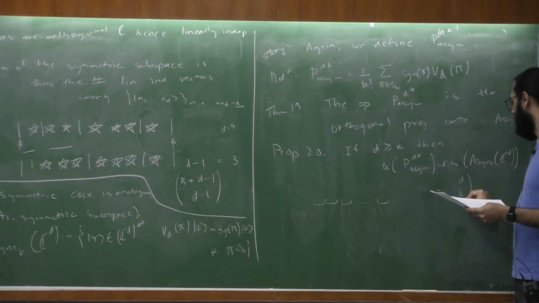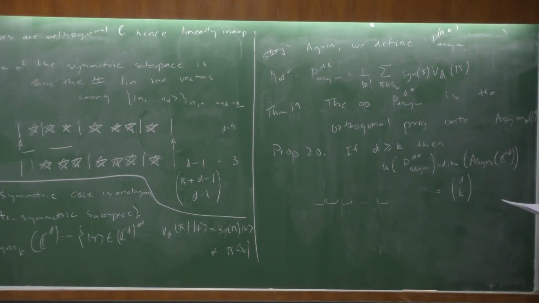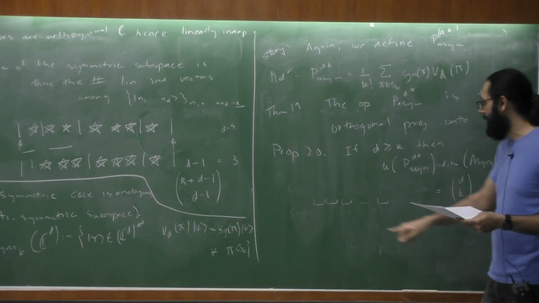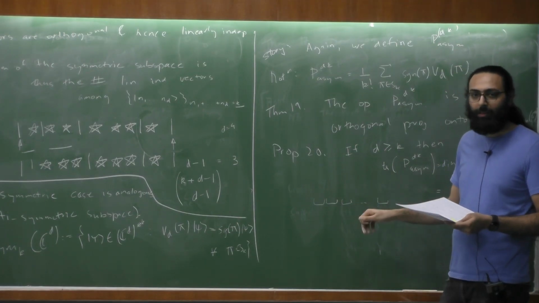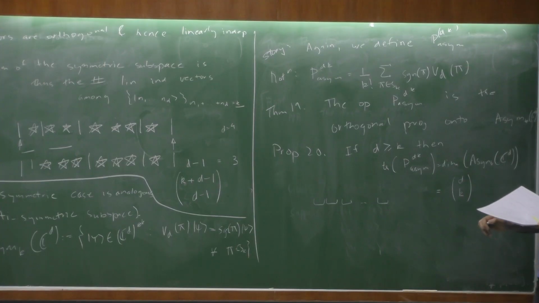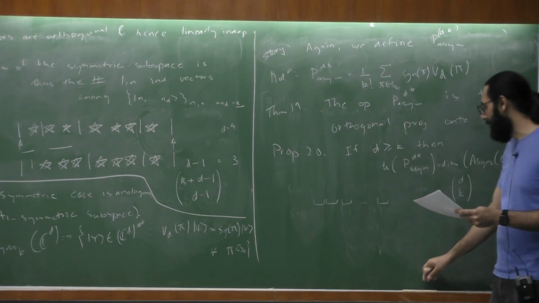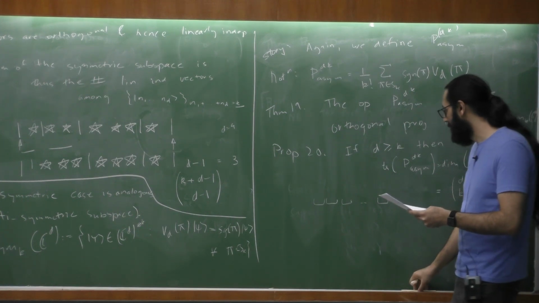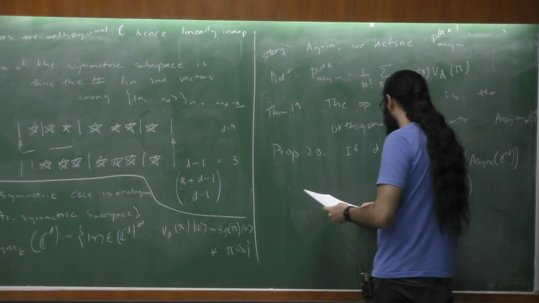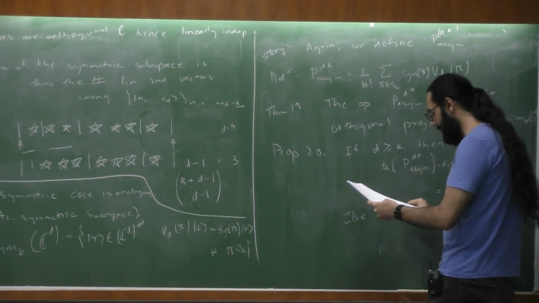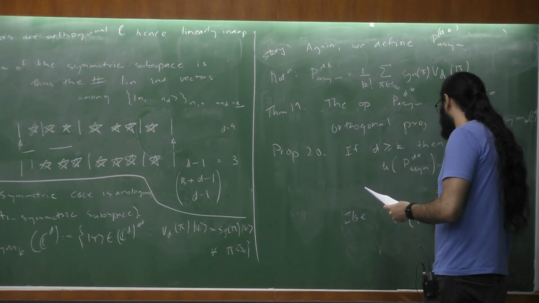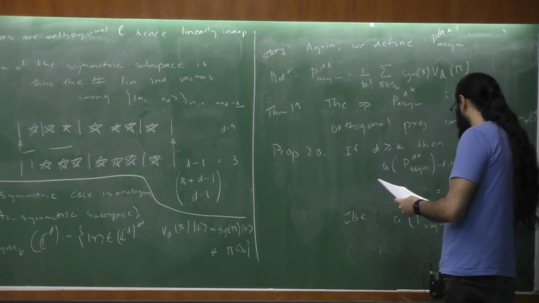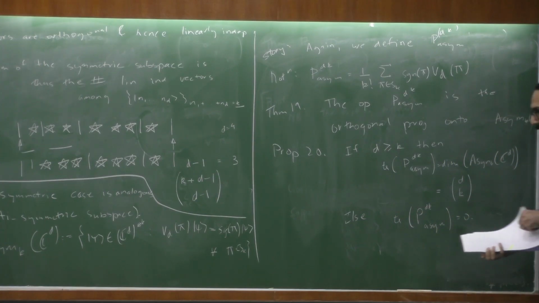Yeah, it turns out to be this. So you have D options, and you're choosing K to place the particle, because if you put two particles in one, it'll disappear, right? So intuitively, I mean, you have to do the calculation. Okay, so this D choose K, and if you don't have enough space, then it's just going to vanish. Okay, we'll see if we can come back to the proof.